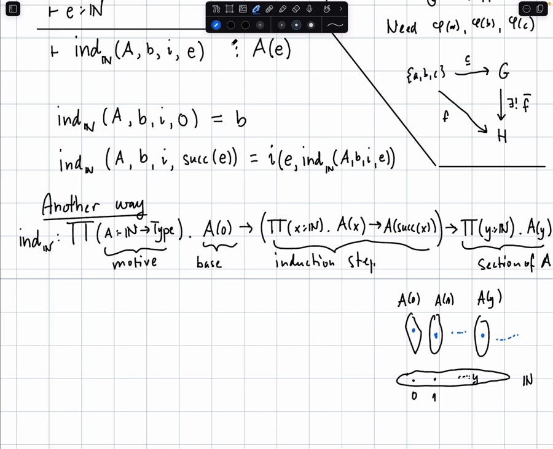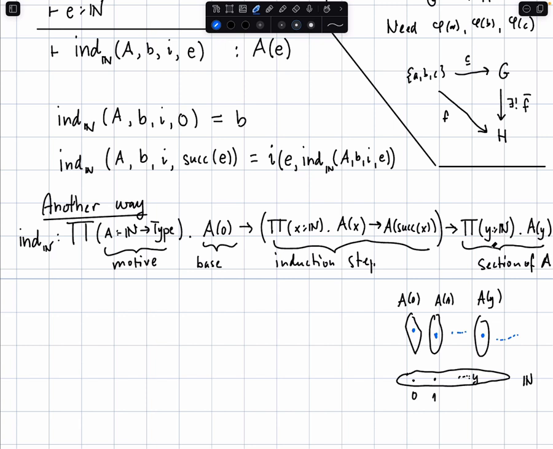This is a general principle. We have a type, and we're describing what sections over it look like. And if you go back now to other rules like products and sums, you will see we did the same thing. Those rules can be read as describing what it takes to have a section of a family indexed by our type construction.